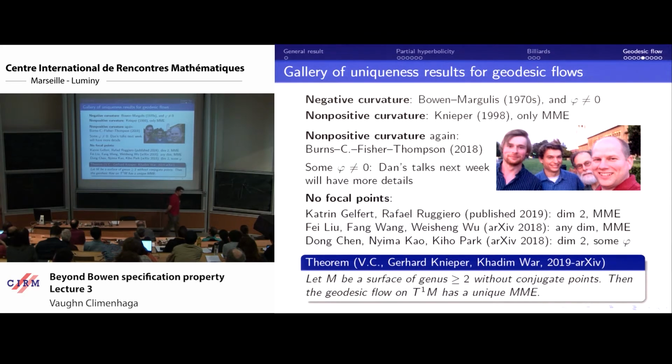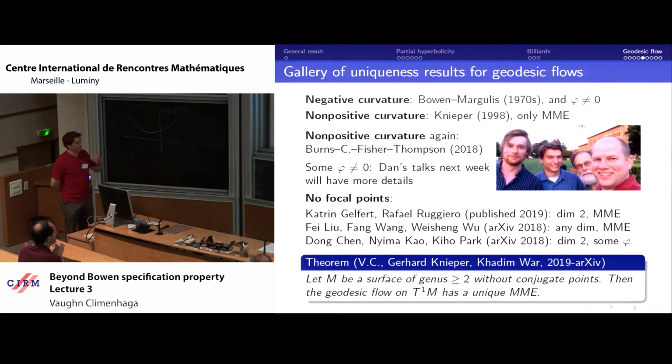And there's also a theory for non-zero potentials: every Holder continuous potential in that negative curvature setting has a unique equilibrium state. Going beyond that took a little while, and in 1998, Knieper proved that, in fact, in non-positive curvature, you have a unique measure of maximal entropy subject to a rank 1 condition. Never mind what it is.